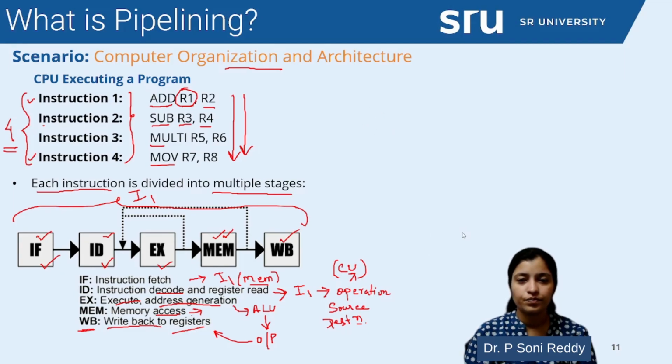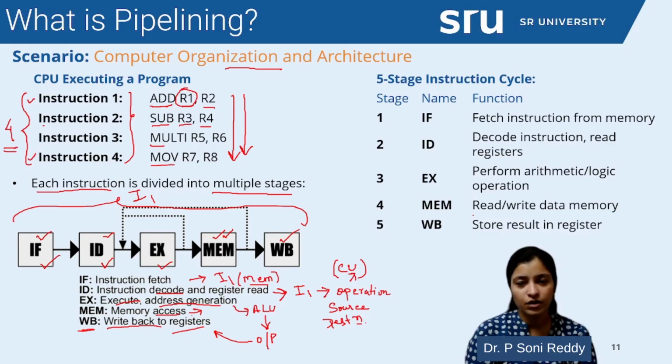The objective of dividing this into smaller steps is nothing but to do the operation independently by overlapping. So if I want to do parallel processing, I have to divide each instruction into smaller steps so that I can utilize my hardware. Hardware is the control unit, ALU, your memory and your registers.